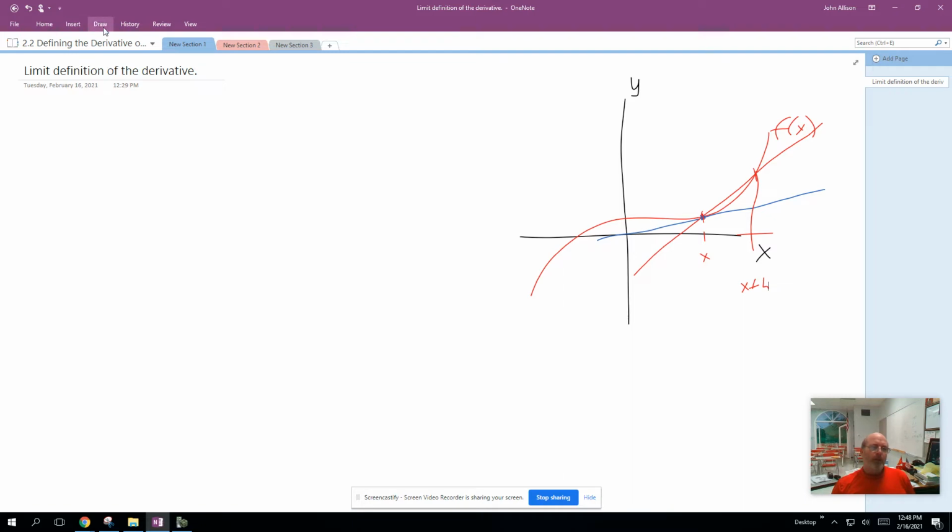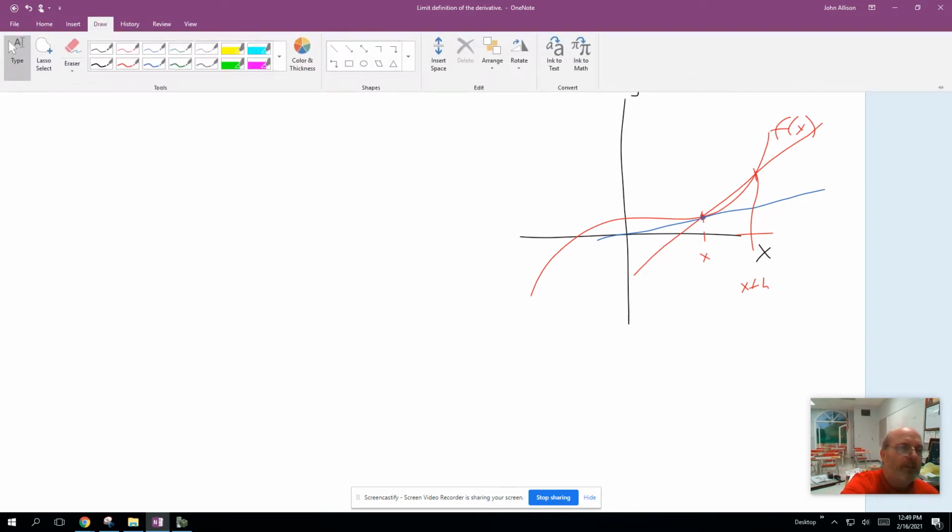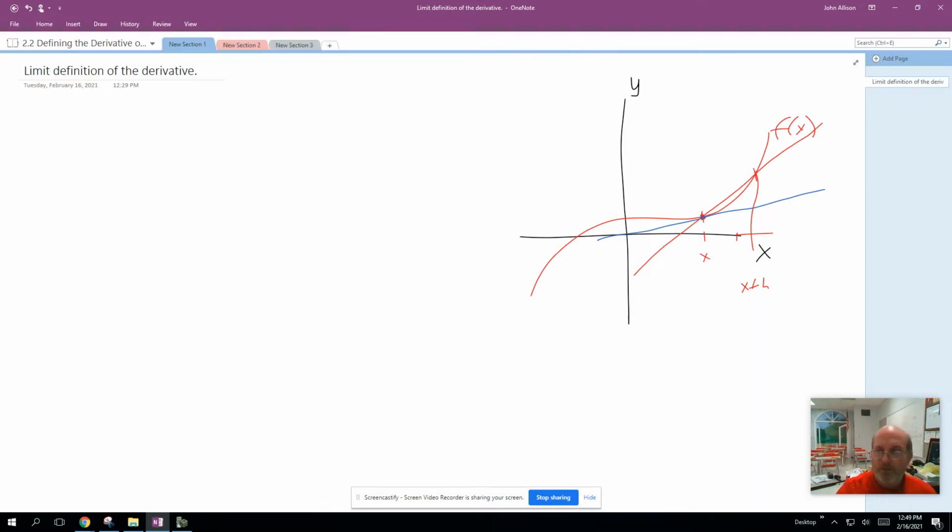We talked about yesterday how if we let that h get closer and closer to zero, then that secant line, the line that intersects the curve at more than one point, gets closer and closer to this tangent line as we move x plus h closer.